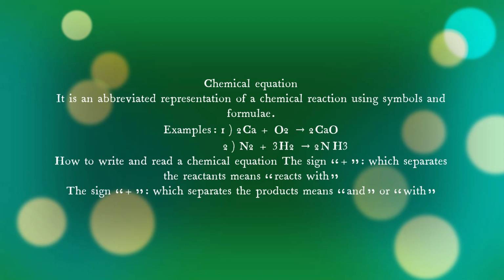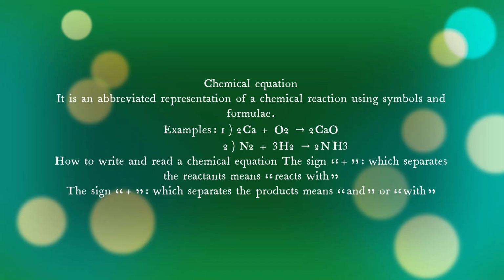Note that we don't balance a chemical equation by changing or modifying indices. You have to remember this one. Make sure that you don't change the indices, because if you modify the indices, you also change the chemical formula.